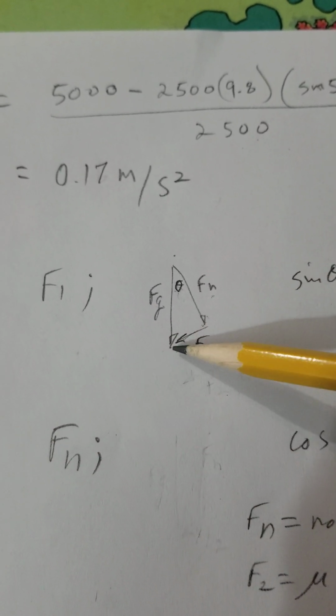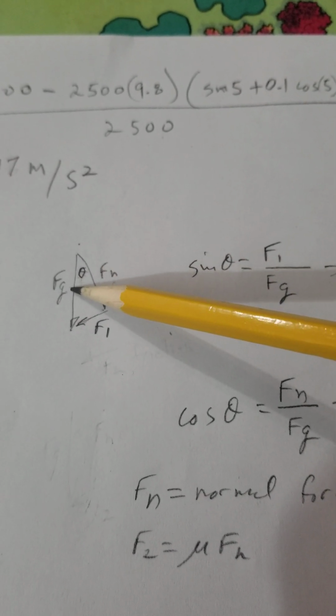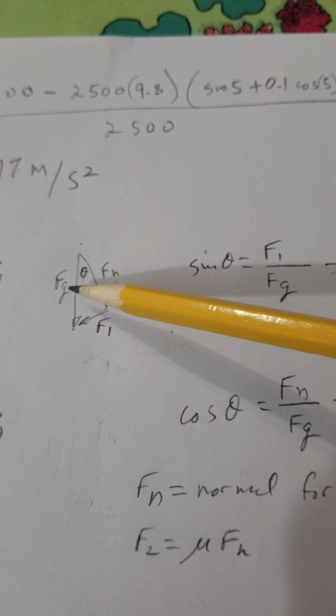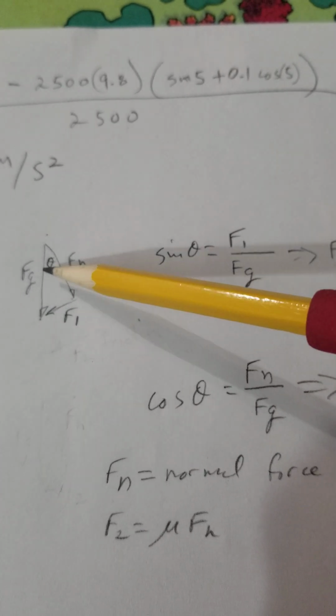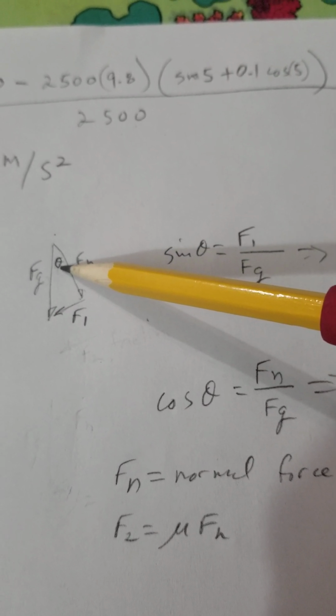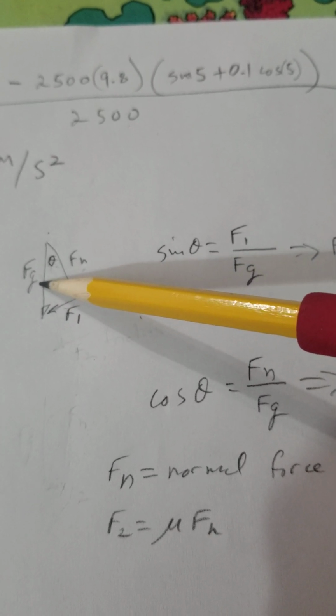But anyway, the force down the hill due to gravity, I'll calculate it like this. I know this angle and I know this total force, which is the hypotenuse of this triangle. So all I have to do is say, sine of 5 degrees equals opposite over hypotenuse.